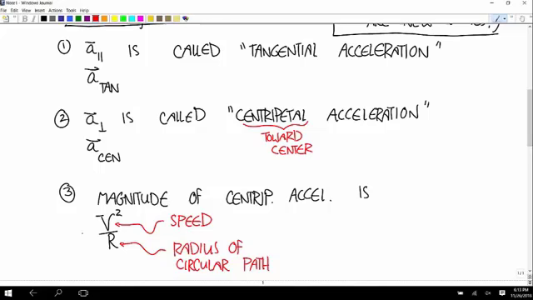So now you started at 20 meters per second. Now you go around the same circle at 30 meters per second. So you go faster. If you follow that same circular path at a faster speed, do you feel more acceleration or less acceleration?